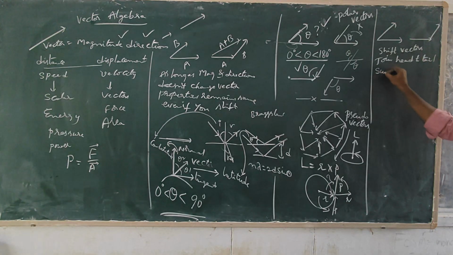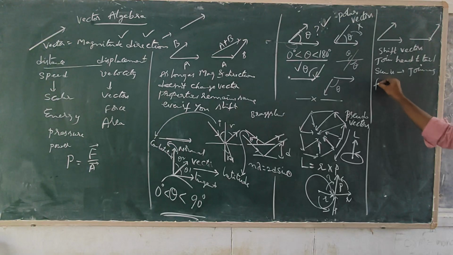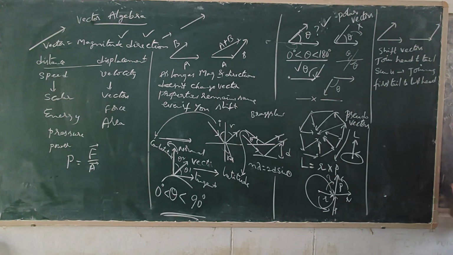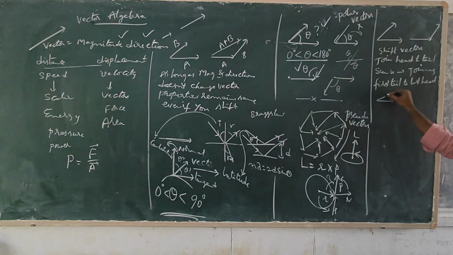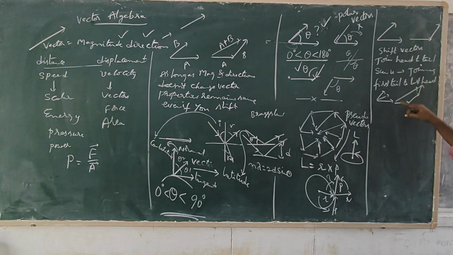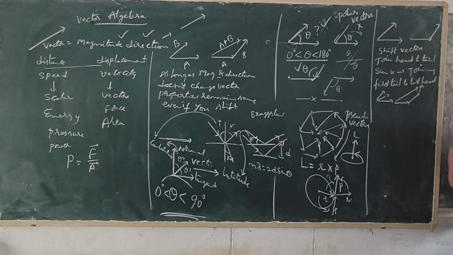Then the sum is obtained by joining the first tail to the last head. So when you have a group of vectors, let's say you want to add 2, 3 vectors, you have to join them head to tail, and join the first vector's tail to the last vector's head.